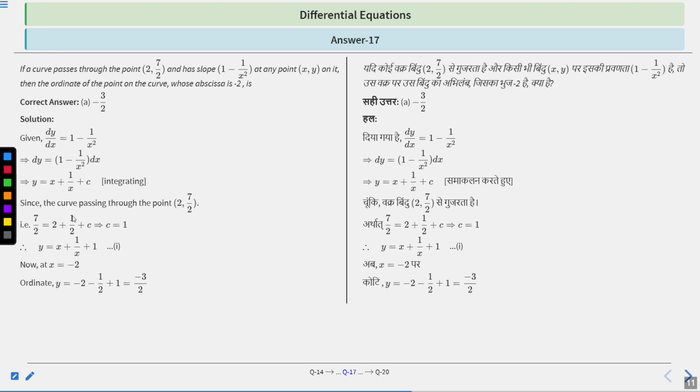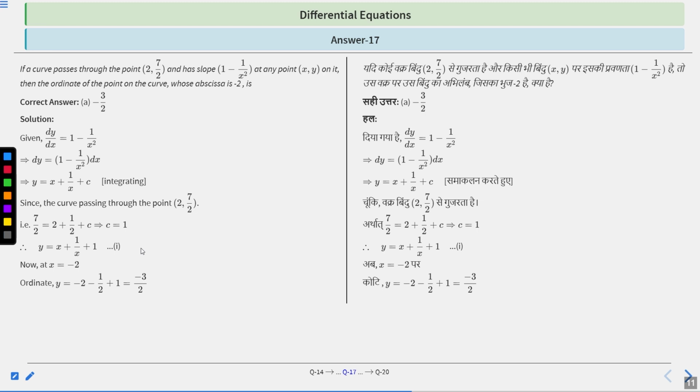Now, by integrating both sides, we get y = x + 1/x + c. Since the curve passes through (2, 7/2), we get 7/2 = 2 + 1/2 + c. Therefore, c = 1, so y = x + 1/x + 1, equation 1.